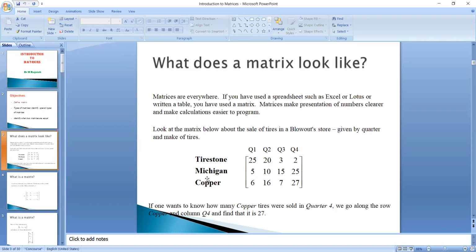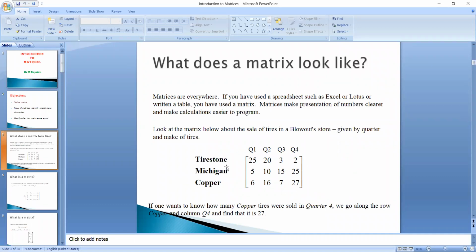In the same way, Michigan sells 5 tires in the first quarter, 10 tires in the second quarter, 15 tires in the third quarter, and 25 tires in the fourth quarter. Cooper sells 6 in the first quarter, 16 in the second quarter, 7 in the third quarter, and 27 in the fourth quarter.